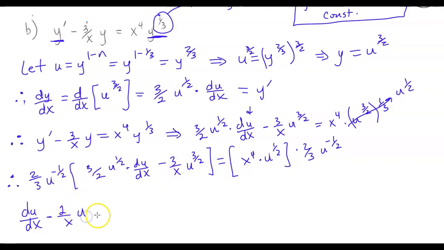So this is just u. And on the right side, of course, u raised to the 1/2 times u raised to the negative 1/2 is just 1, and all we're left with is 2/3 x raised to the 4. And so this is first order linear.